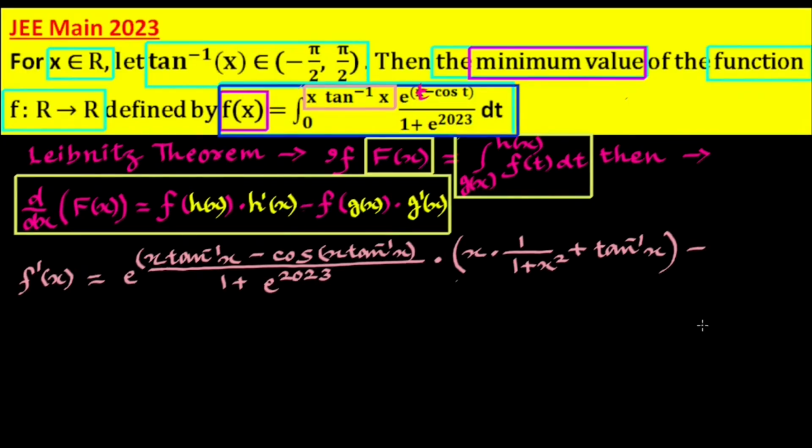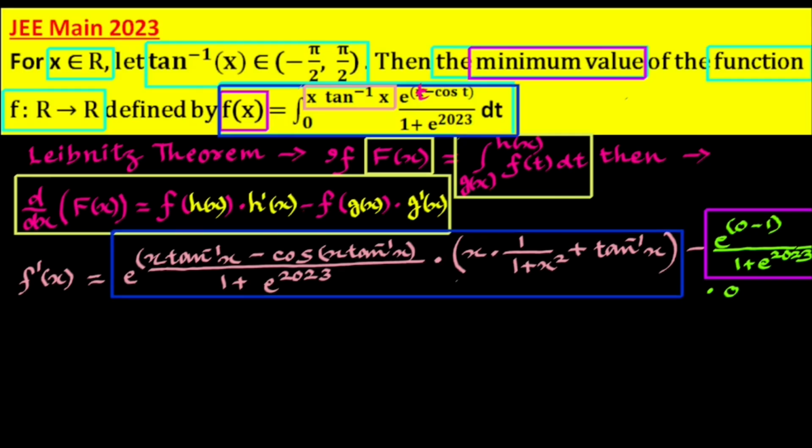That means we have to replace t by the lower limit 0. So it will be e power 0 minus cos 0. Cos 0 is 1, upon 1 plus e power 2023, into g dash x, which means the derivative of this constant, which will be 0. So f dash x will be this part only.